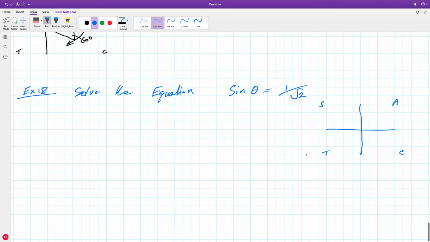Right, first things first, what do we got to do? Find the angle, exactly. So out here, theta is equal to what? Sine inverse of 1 over root 2. What's sine inverse of 1 over root 2? Yeah, it's 45 degrees.